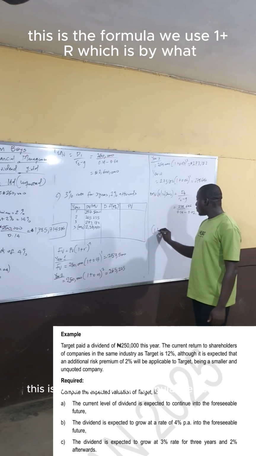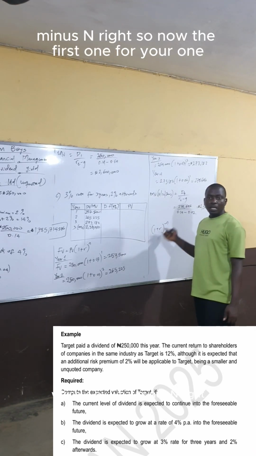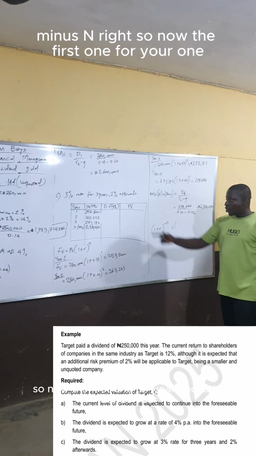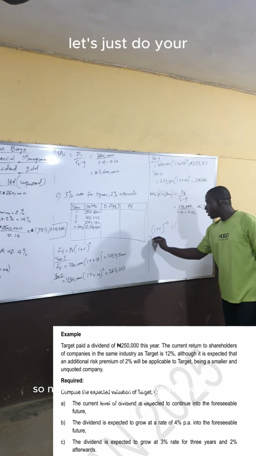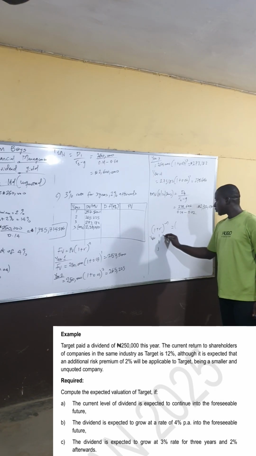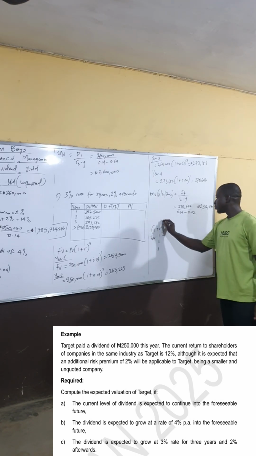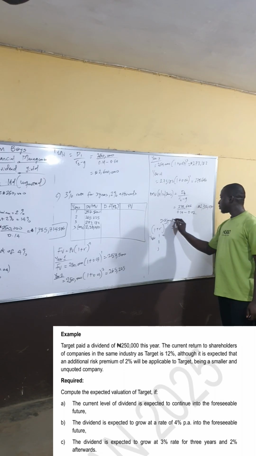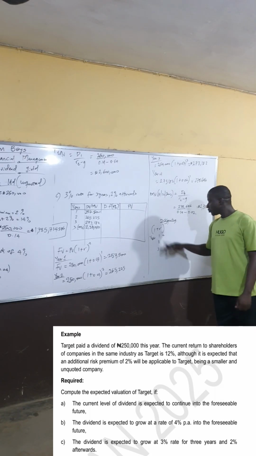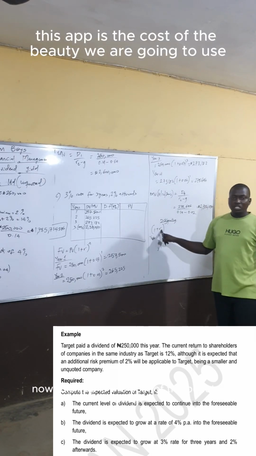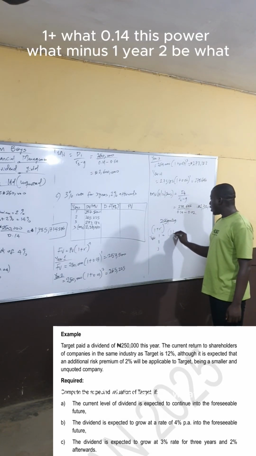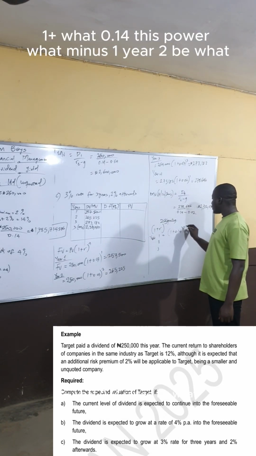Now, for us to get the discounting factor, this is the formula we use: 1 plus our R raised to the power minus n, right? So now, let's do year 1, 2, 3. So discounting. Now, this R is the cost of equity we are going to use, which is 14%. Meaning for year 1 it is 1 plus 0.14 raised to the power minus 1.